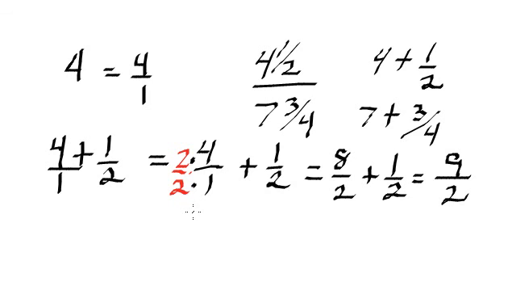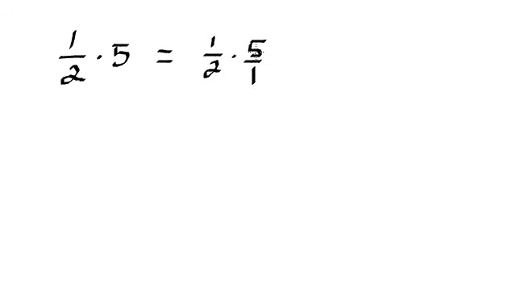Okay, well, let's move on now to multiplying rational numbers. Alright, multiplication. Let's say, for example, we had a half, and we were going to multiply that by 5. Well, this can also be rewritten as 1 over 2 times 5 over 1, and remember 5 over 1 is just 5.